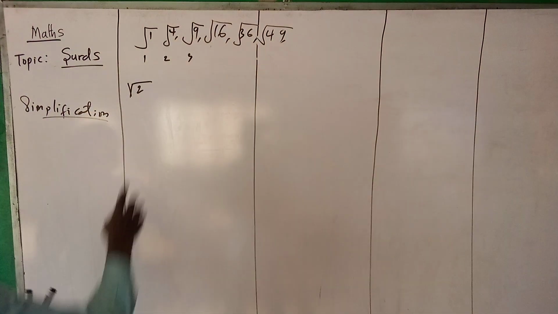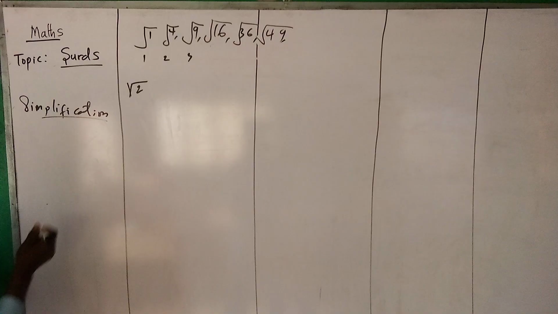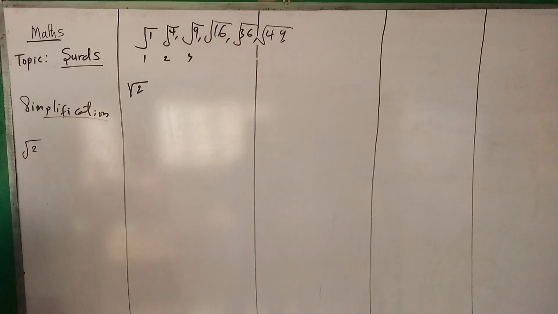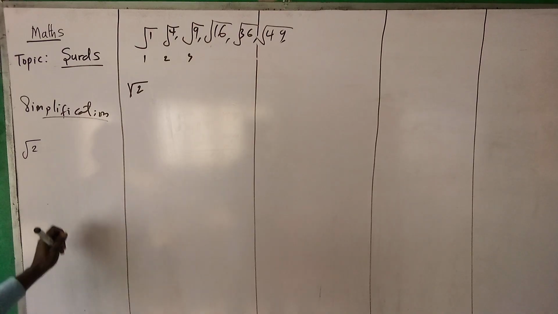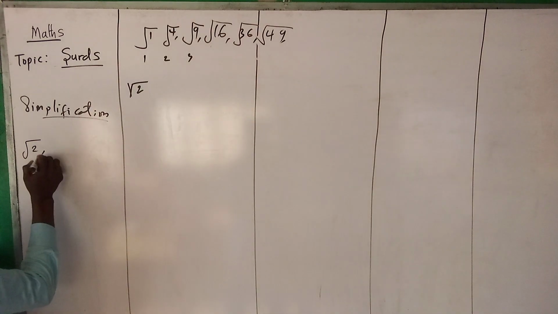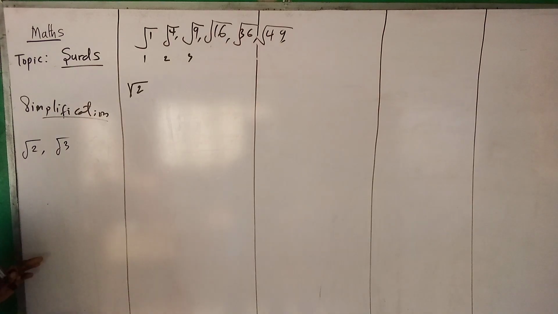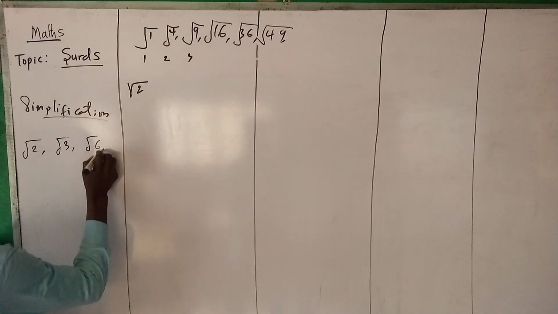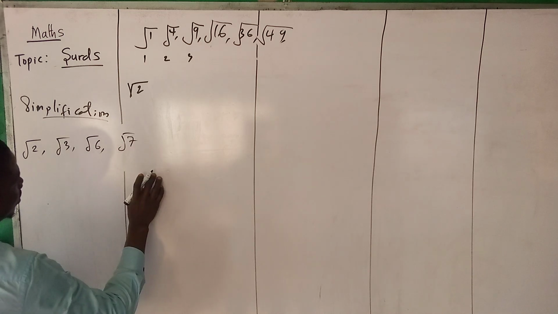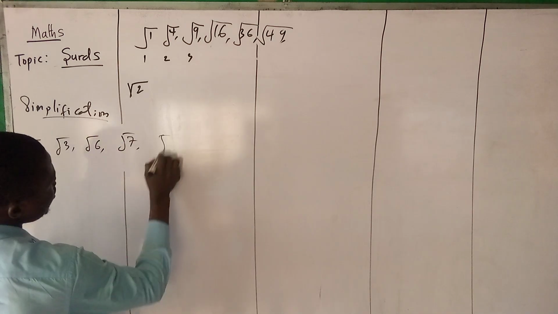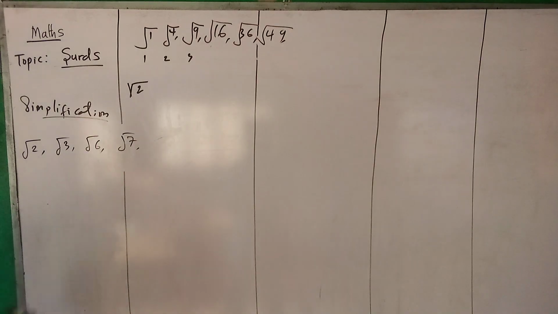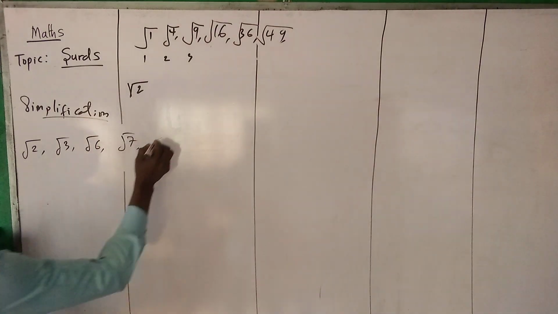Now, let's take a look at these examples. Something like √2 is already in its basic form. There's nothing you can do here, right? Now, √3, √6, √7, even √10, these are basic forms already.